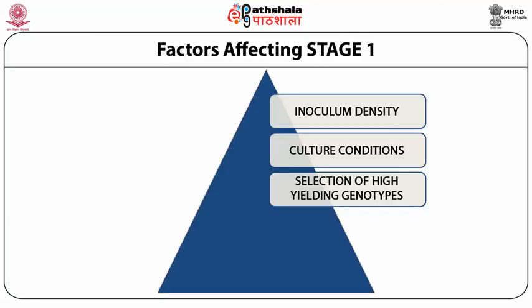The ones which are high producers would thereafter be multiplied and taken into production. So this is a continuous process which one needs to do when trying to do large scale production of secondary metabolites.